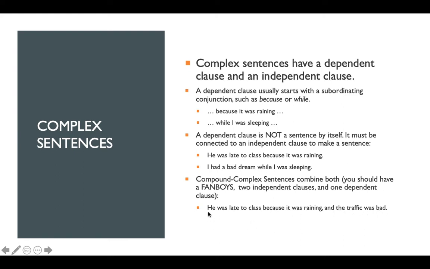Notice here we have one independent clause, he was late to class. Then we have a dependent clause, because it was raining. Then we have a comma and a FANBOYS. Then we have another independent clause. The traffic was bad. These are much less common for our level 0 and level 1 classes, but I wanted to introduce them to you for your future progress.